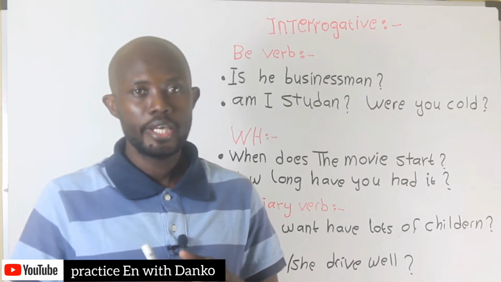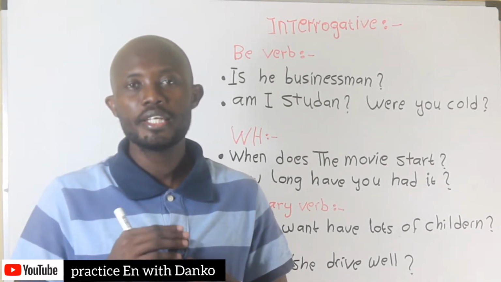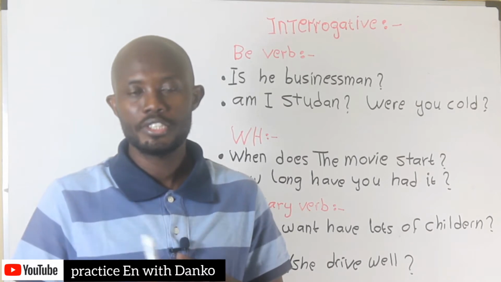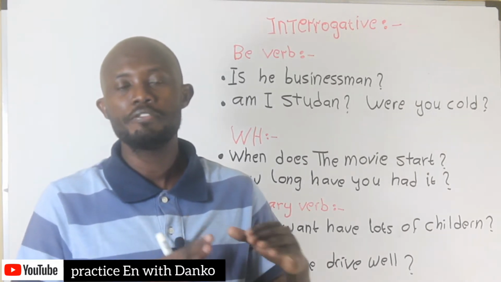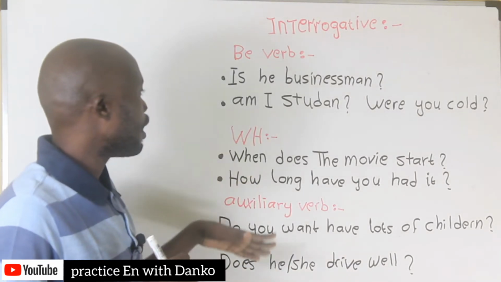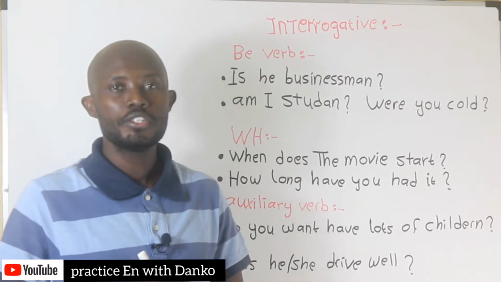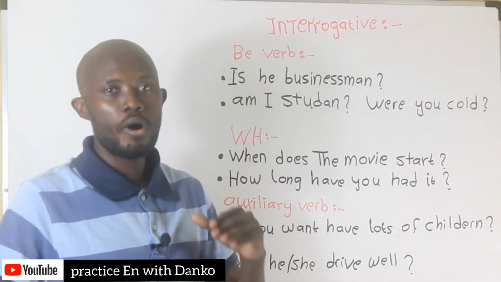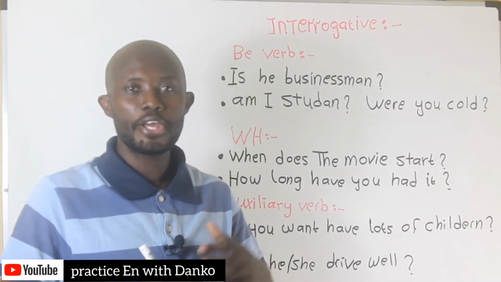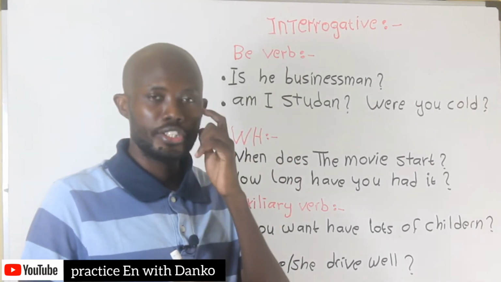So today, let's describe a little bit about interrogative sentences by different parts. As you see here, I separated them into three groups. We're going to take them one by one to get more explanation about interrogative sentences in English.